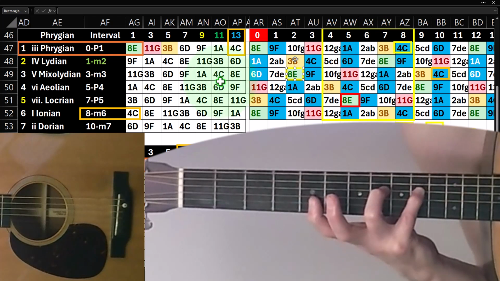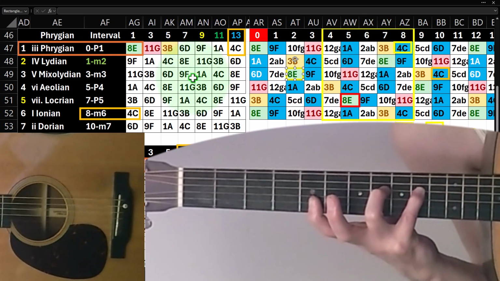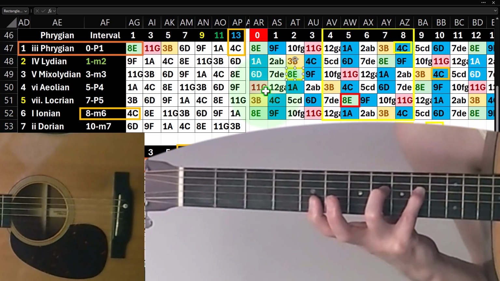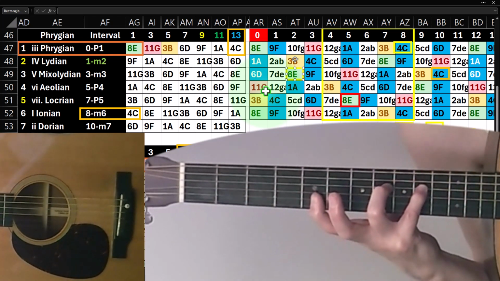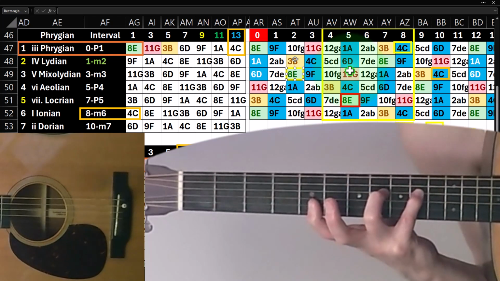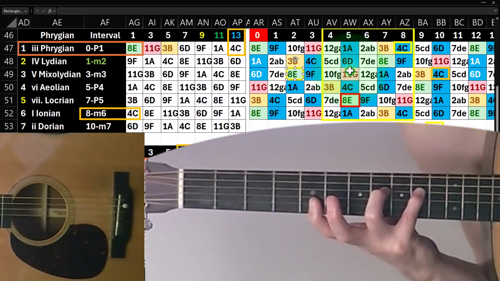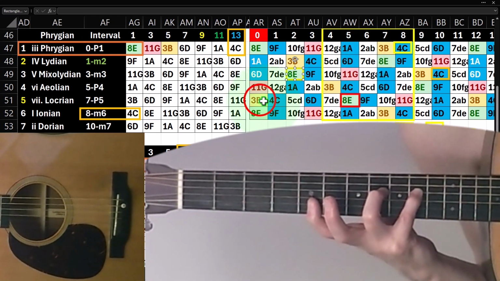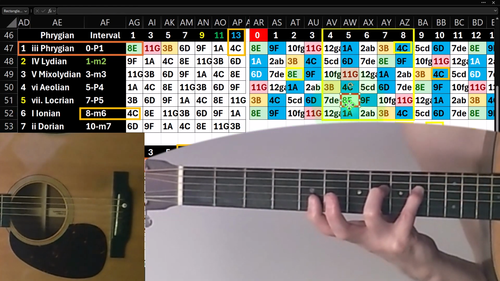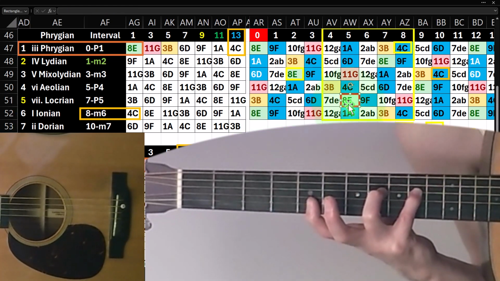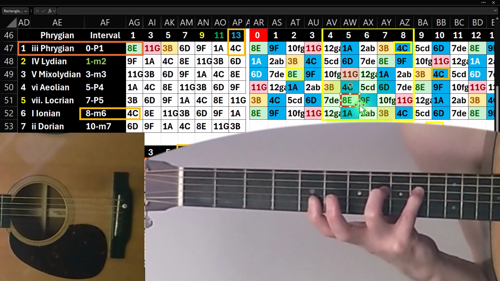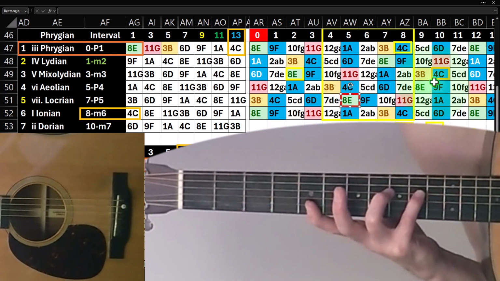It would be 6 this way and 6 back, because there's only 12 notes in the musical alphabet. So the rule is, if I go up 2 strings, the 8-note away minor 6 will be 6 frets forward and 6 frets back, unless I cross the fault line, which would happen on the B and the E string. In that case, if I go up 2 strings and cross the fault line, I would typically want to go forward because it would be a lesser distance, and it would only be 5 frets forward.